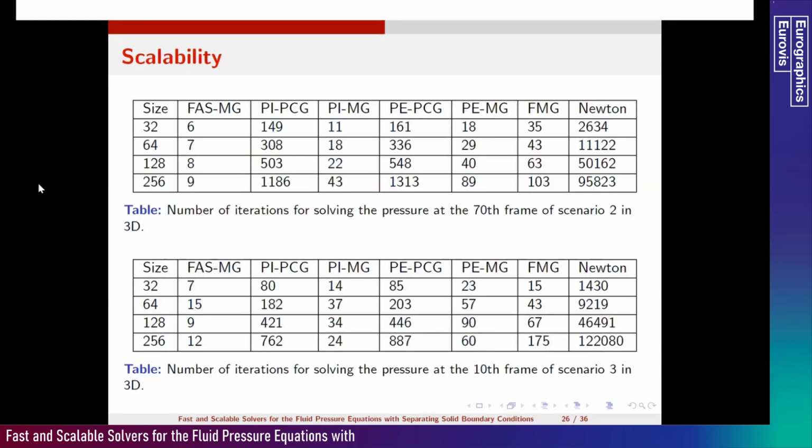For scenarios 2 and 3, which are more complicated, the FSMG keeps the same scalability, while the polarization and the penalty method with multigrid scale worse. They scale slightly worse than the FMG in scenario 2, but better in scenario 3. Compared with Newton's method, either using multigrid or PCG, the polarization and the penalty method scale better in both scenarios.